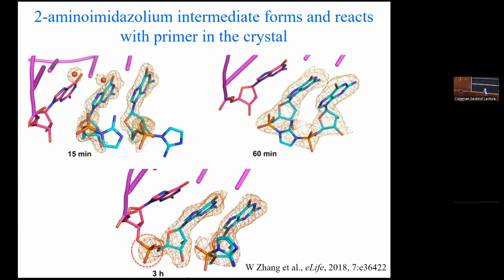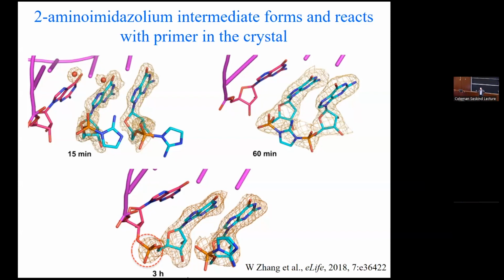And if you wait longer and put in a catalytic metal ion, what you see is that this electron density in the middle goes away, and you see new electron density between the end of the primer and the adjacent nucleotide. So this is the actual primer extension step, the formation of a new phosphodiester bond. It's the elementary step in copying a long template.